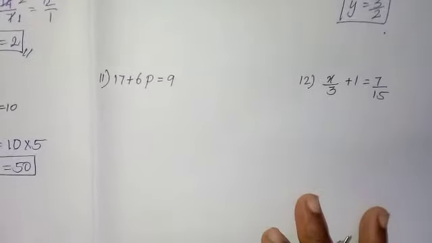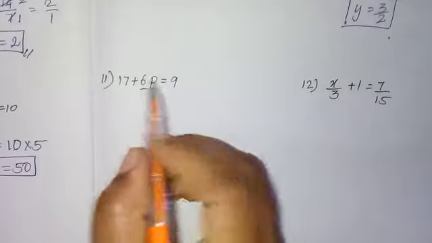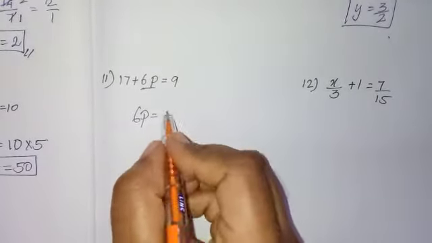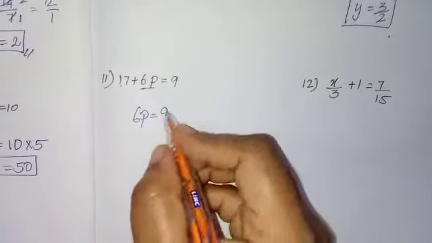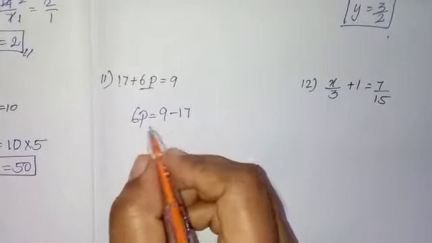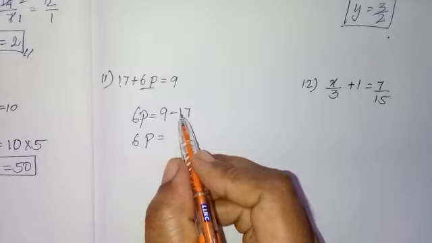The next we are going to the 11th sum. We want the p variable value, so we take p. 6p equals 9. Here it is plus 17. It will change to minus 17 on the right hand side. So 6p equals, we have to subtract it.